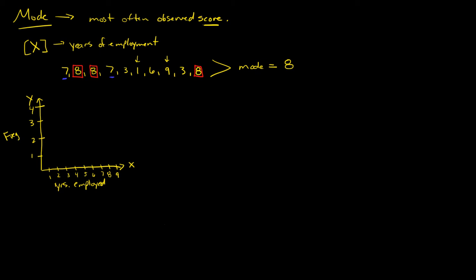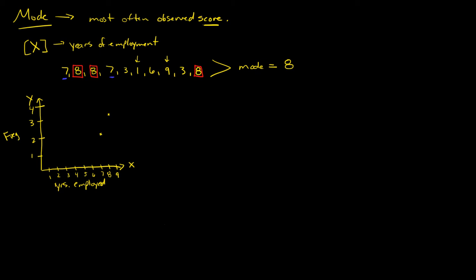Okay. So again, briefly, I'm just trying to make sure we understand what's happening here. Well, how many sevens do we have? We have a frequency of 2 sevens. So we can plot this mark right here. And we have a frequency of 3 eights. So come up over here for the value of 8. We'll put a mark right there. We have 2 threes.